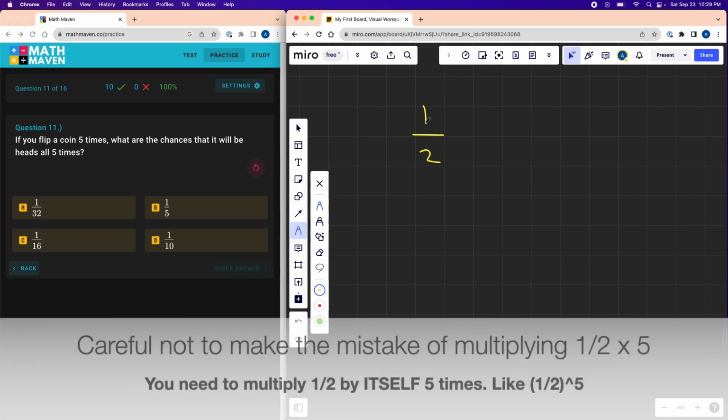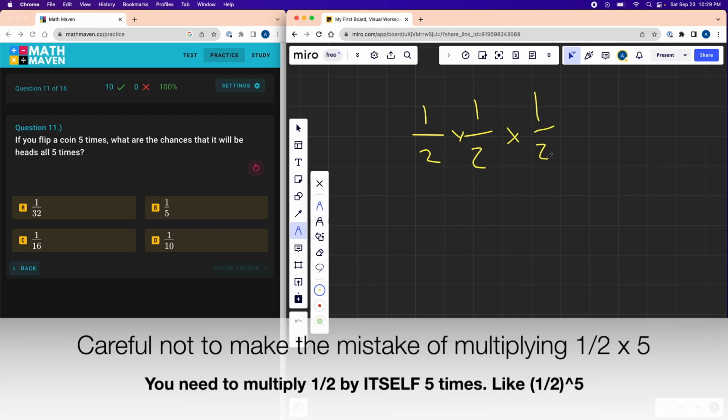5 times. So 1/2 times 1/2 times 1/2 times 1/2, and then times 1/2, all right? So that's what it's going to be. Well, all the ones up here multiplied together, that's just going to be 1, all right? So that's going to be 1 over something, and that something is going to be the product of all of those.